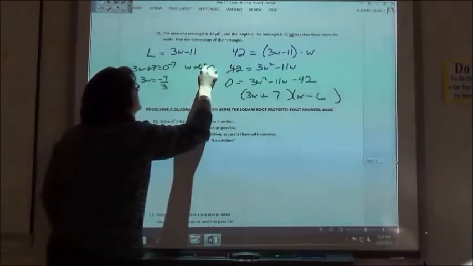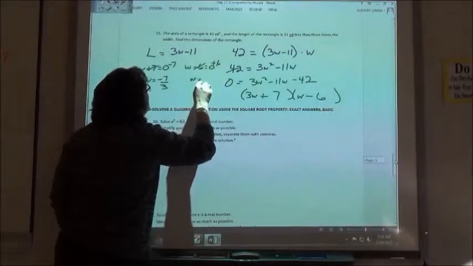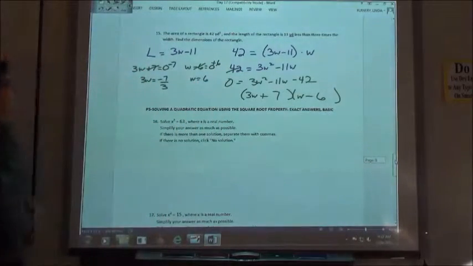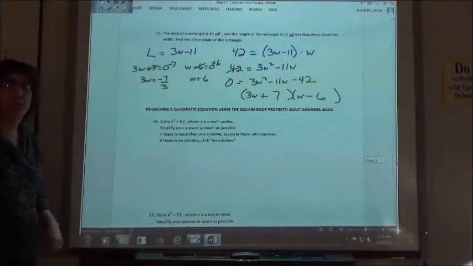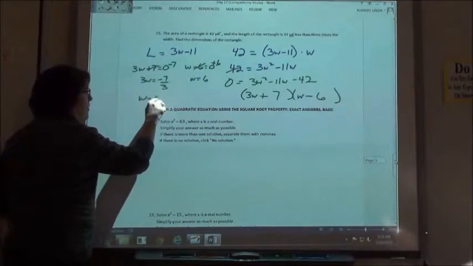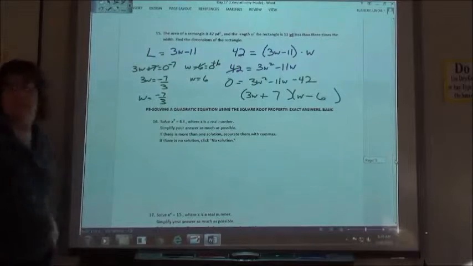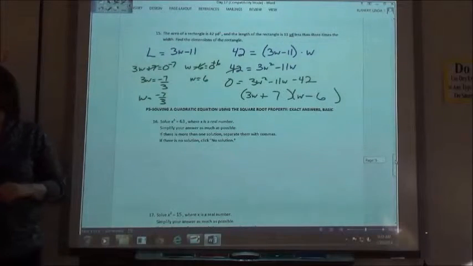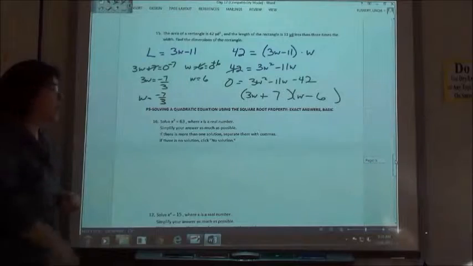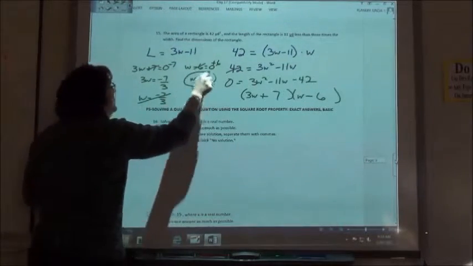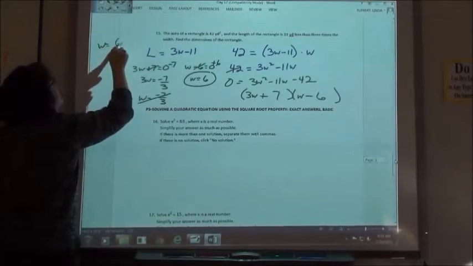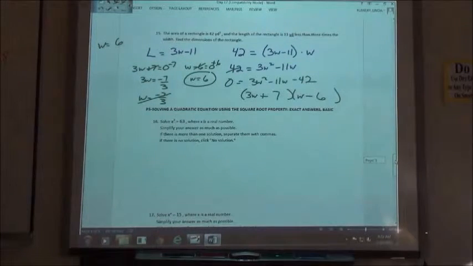The other one's going to be a positive 6. Now, can we have a width of negative 7/3? Can you have a width that's negative? No, right? So we can't use that negative 7/3. We're going to use the positive 6. Hey, we get to use a nice whole number instead of a decimal this time.